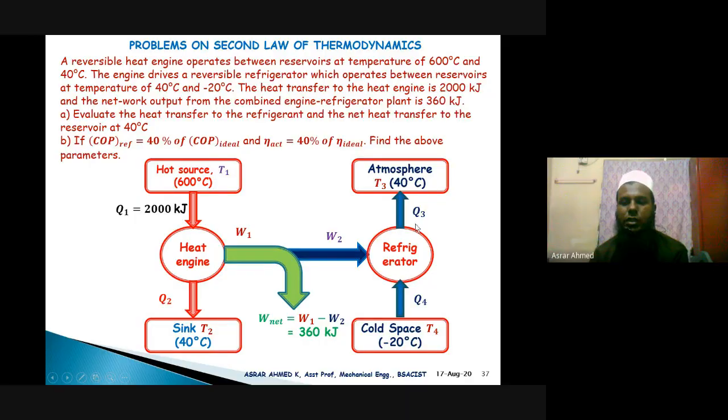And what is this Q3? This Q3 is the heat which is rejected to the atmosphere. Okay, now tell me, evaluate the heat transfer to the refrigerant means Q4 or Q3?